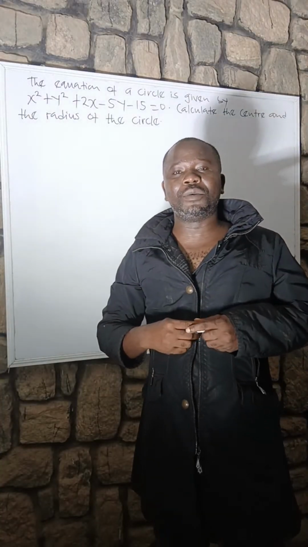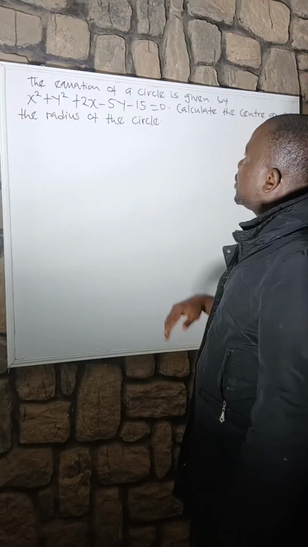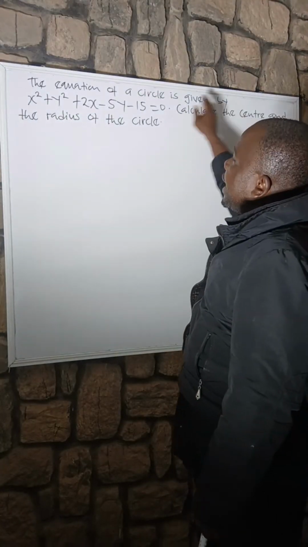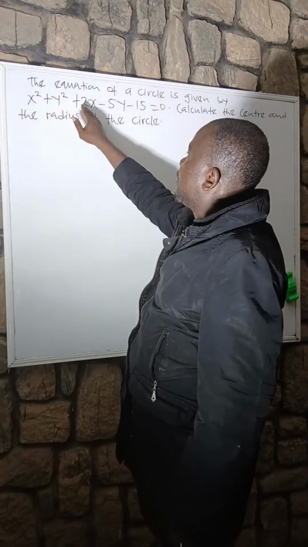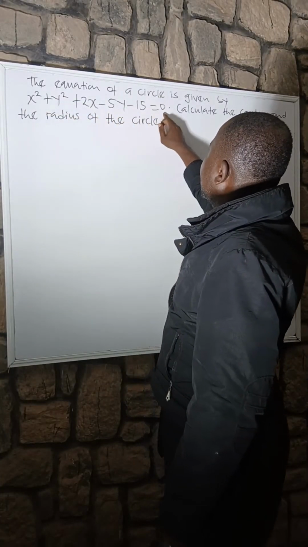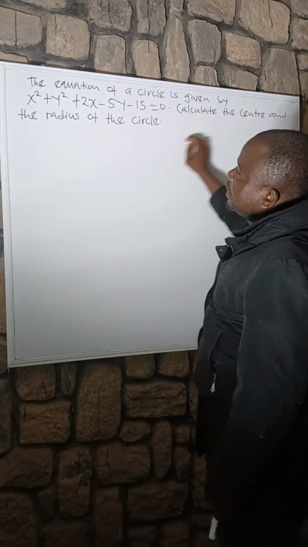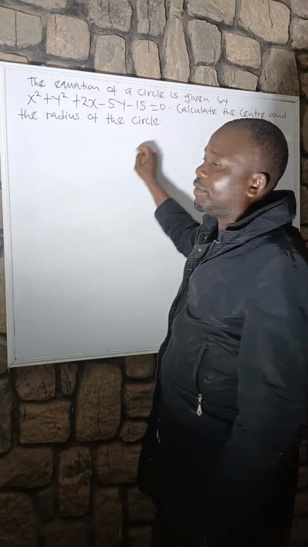Okay, so now I want to look at the question. The question says the equation of a circle is given by x squared plus y squared plus 2x minus 5y minus 15 equals 0. The question says calculate the center and the radius of the circle.